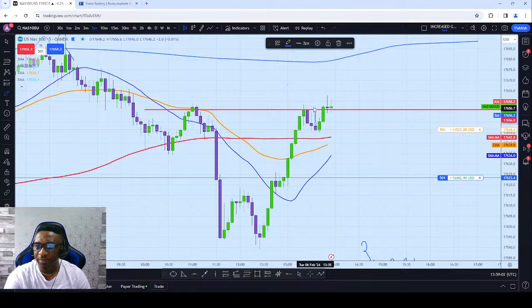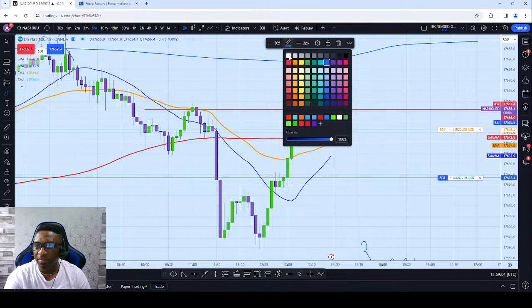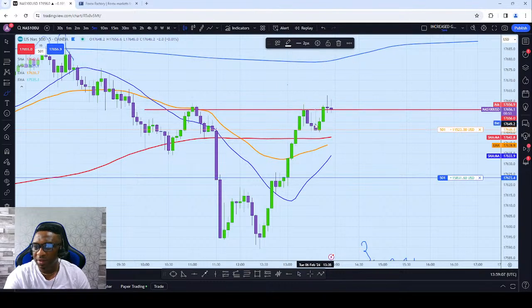Just do as if this wick is not there. Once the green candle takes out the purple candle, you are in this trade.